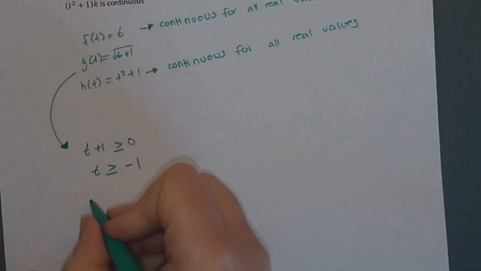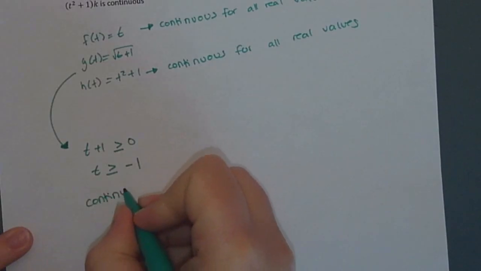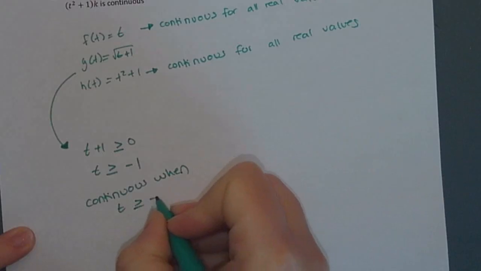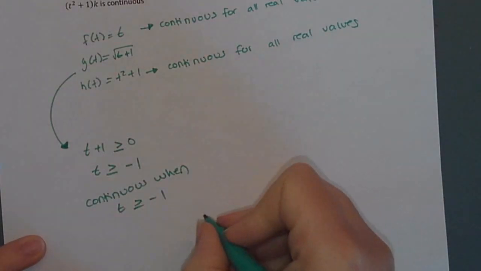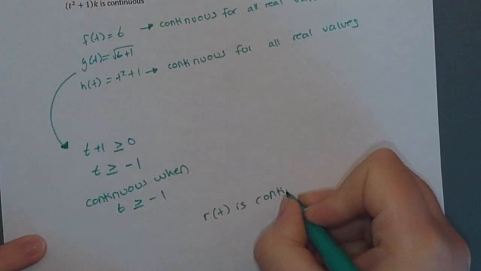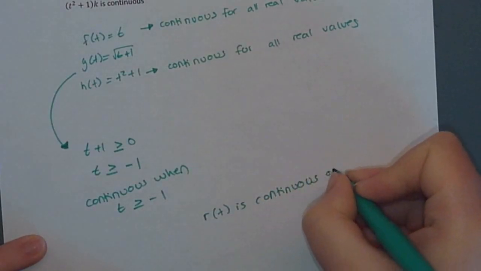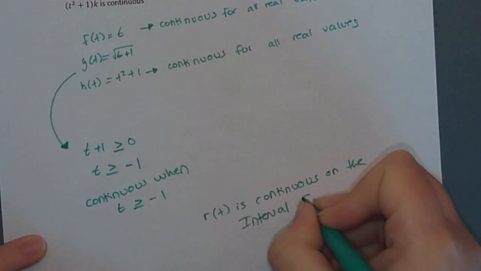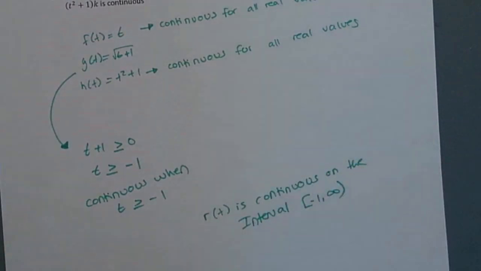So it's continuous when t is greater than or equal to negative 1. So that means r of t is continuous on the interval -1 to infinity. And that is it.